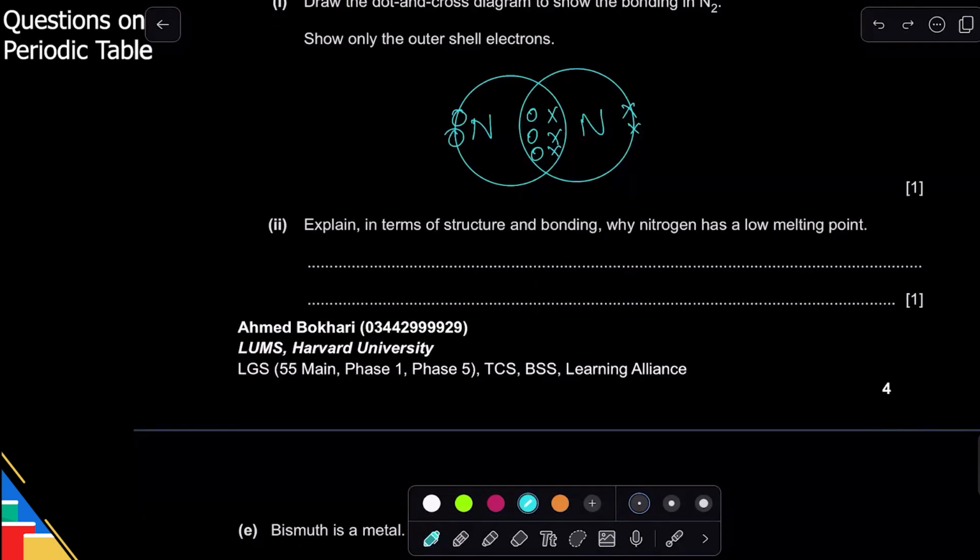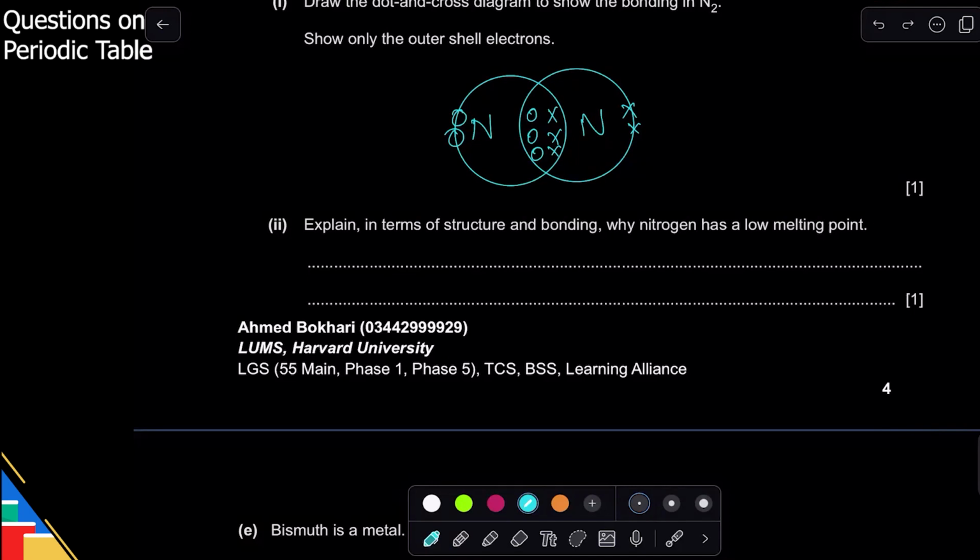Explain in terms of structure and bonding why nitrogen has a low melting point. So structure हमारे सामने. Structure क्या है? It has molecular structure. And bonding क्या है? Covalent bonding. But does covalent bonding affect the boiling point? No. Covalent bonding in this case in molecules is inside the molecule.